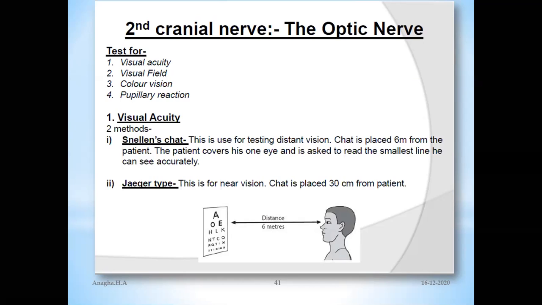Visual acuity is a reflection of the integrity of the entire visual system, including the refractile components. It is important to remember that visual acuity evaluates only the macular vision, which is the central 5 degrees of the visual field. So that is the difference between the visual field and the visual acuity.